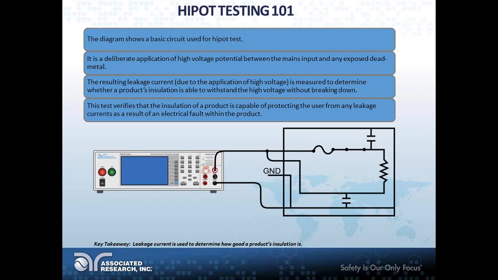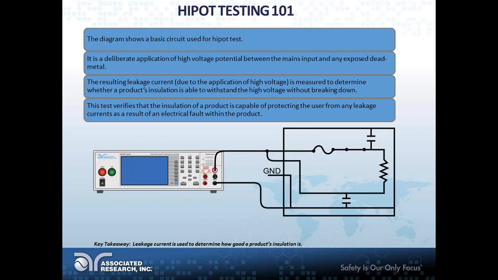The resulting leakage current, which is due to the application of this high voltage, is measured to determine whether a product's insulation is able to withstand the high voltage without breaking down. This test verifies that the insulation of a product is capable of protecting the user from any leakage currents as a result of an electrical fault within the product.